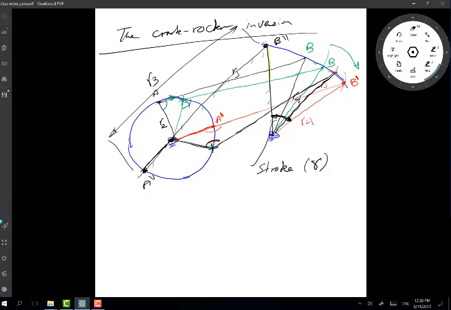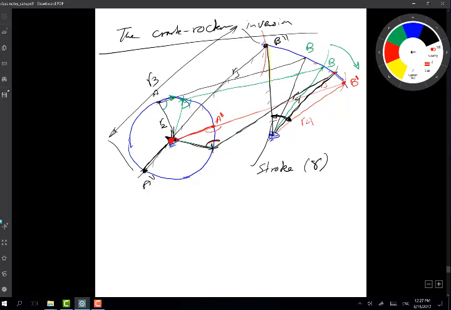Now, by the way, to find point B2, before I get further into that, I can just place the compass here and draw this arc with R3 minus R2, right? Okay, and this arc here was R3 plus R2, right?